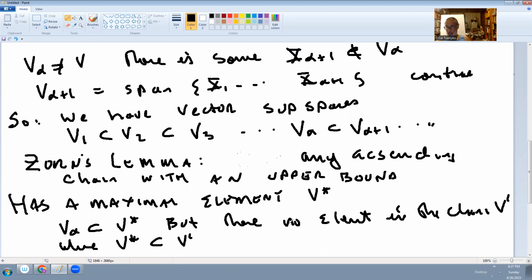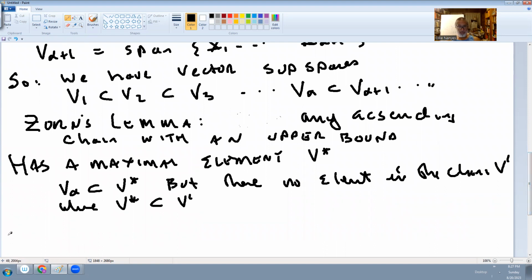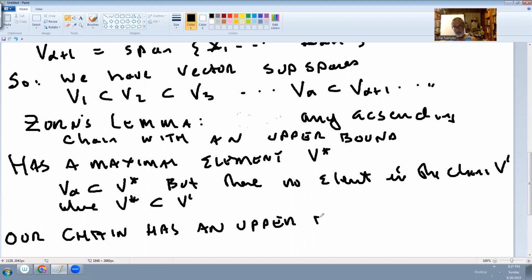So it has a maximum element. Now, in this case, our chain of all these spans, of all these vector subspaces, all of these lie inside the original vector space. So our chain has an upper bound, and so it has a maximal element.